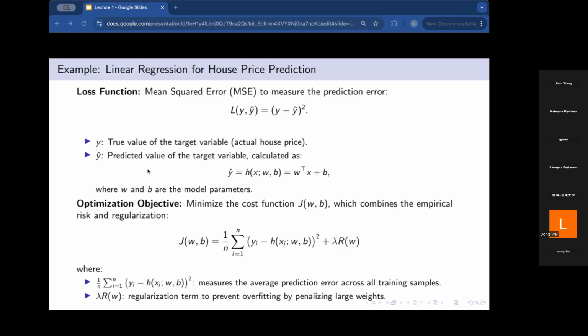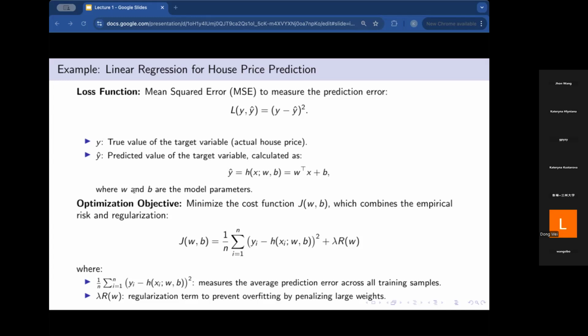effectively controlling model complexity. The regularization strength is controlled by the parameter lambda, which determines how much emphasis we place on keeping the weights small.